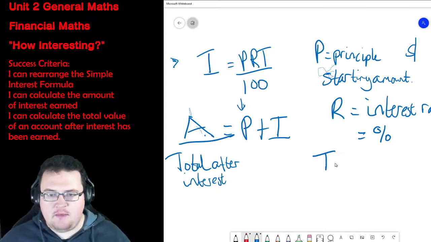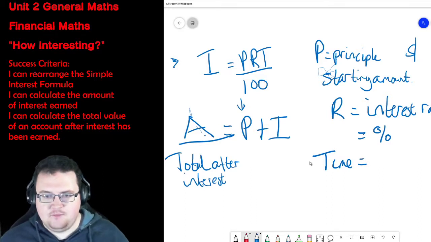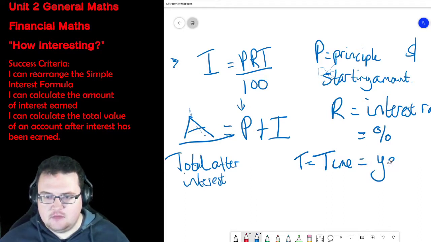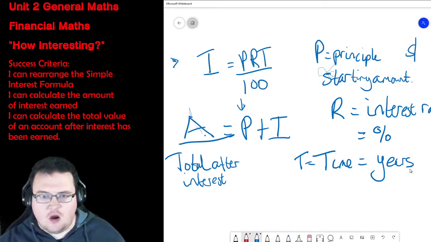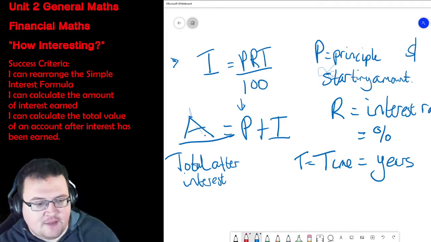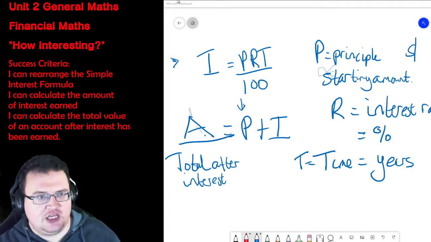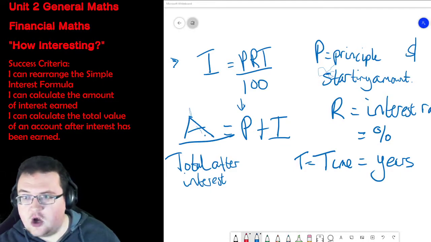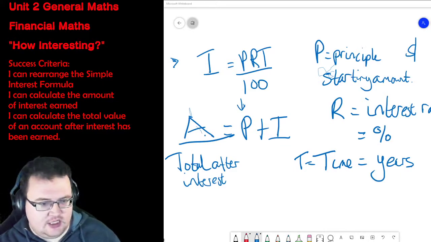And T is time, and that's in years. All right, so the important thing to remember are the units that are being involved. Time is always measured as years.